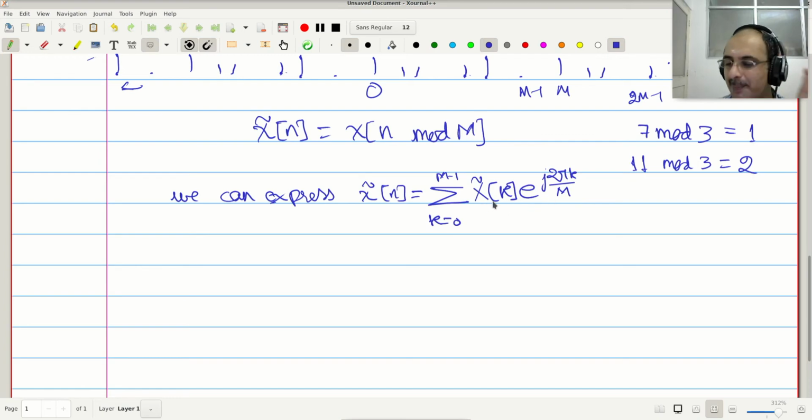So there exist complex numbers x tilde 0, x tilde 1 up to x tilde m minus 1, such that you can write x tilde n as a combination of these.